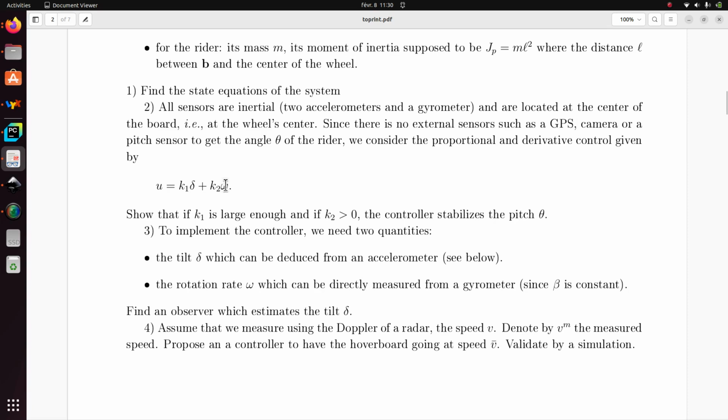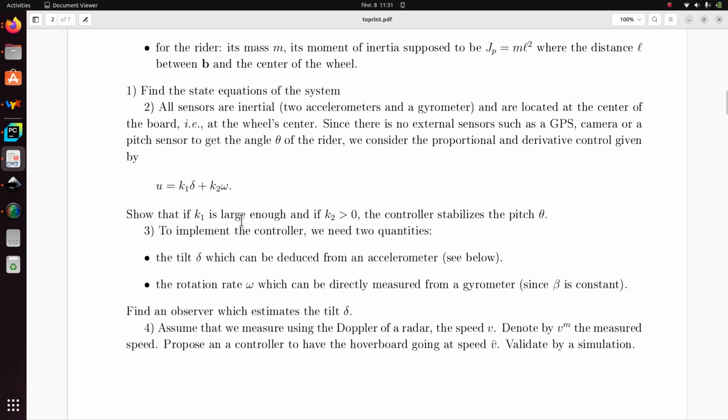Recall that since beta is assumed to be constant, omega is the derivative of delta. So we have a proportional and derivative control. Recall that we have no exteroceptive sensors such as a GPS or a camera. We do not have a pitch sensor to get the angle of the rider. All is inside the hoverboard.